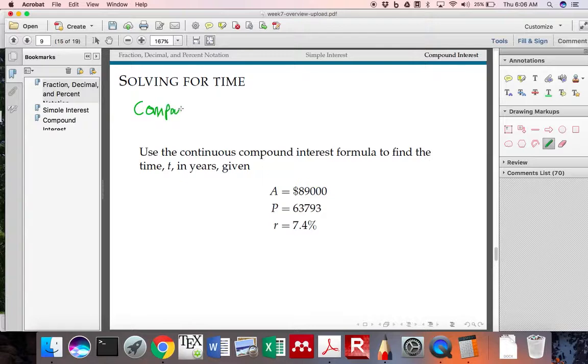compound interest. We used the formula A equals P times 1 plus r over m to the mt. Sorry, I've got those P's and A's backwards.